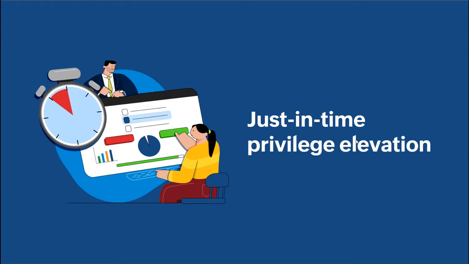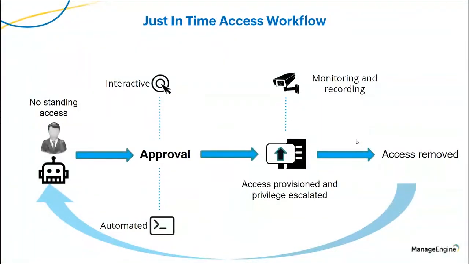This feature gives administrators the ability to control who can access what and for how long, thereby eliminating the need to provide unnecessary blanket access for all accounts. This is based on the principle of least privileged access, which is one of the core philosophies of the zero trust network.